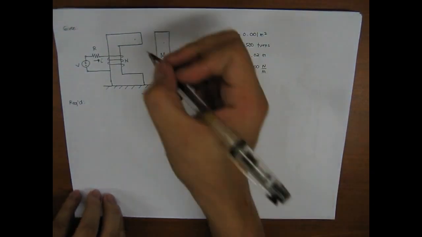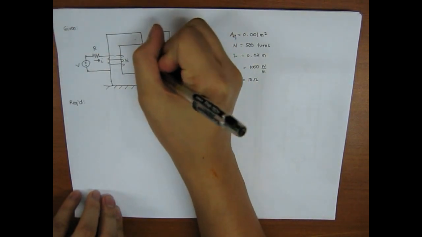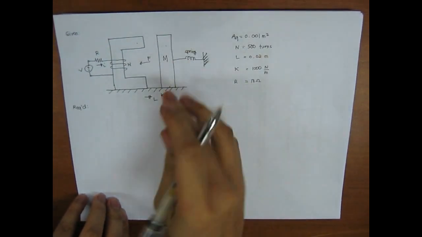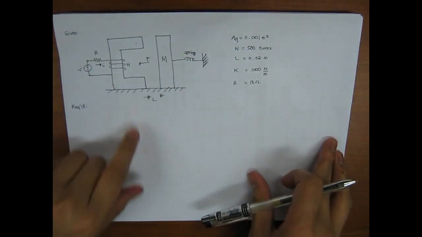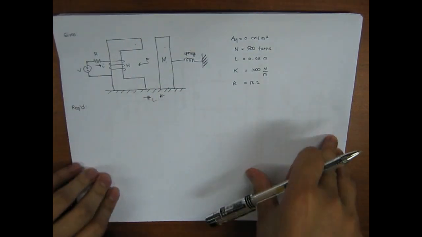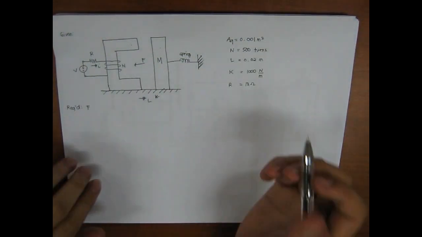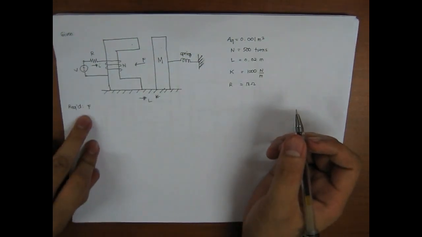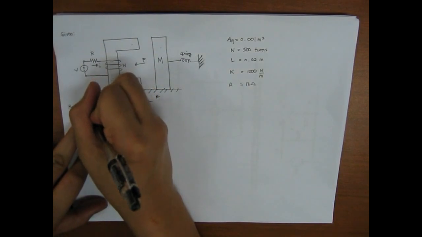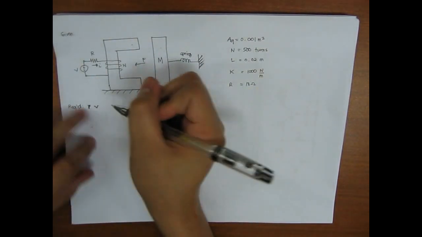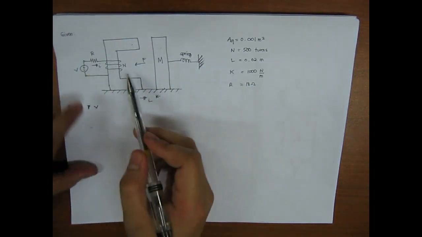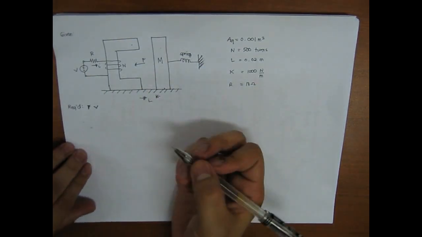So that requires us to solve for the force of attraction required such that this moving part will move towards the electromagnet. So what is required for this problem is to solve not for the force but the voltage to be used for this electromagnet.